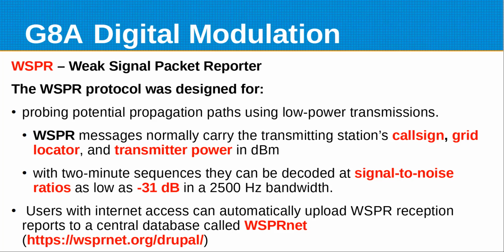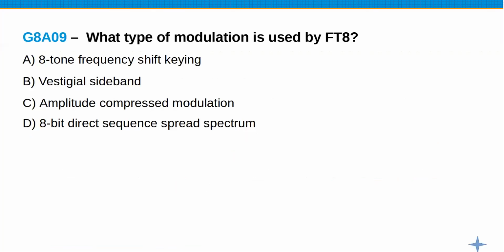If you've got the right internet access, you can also upload reception reports. There's a database that keeps all that information, and you can look at what's being received from all over the world and get an idea what the current propagation is for different frequencies. What type of modulation is used by FT8?